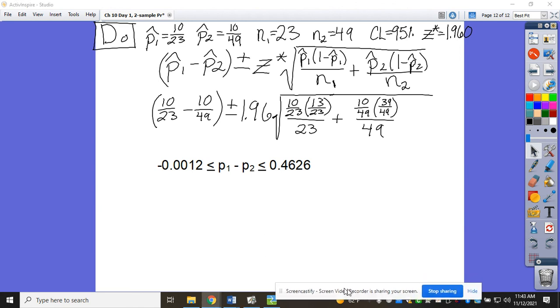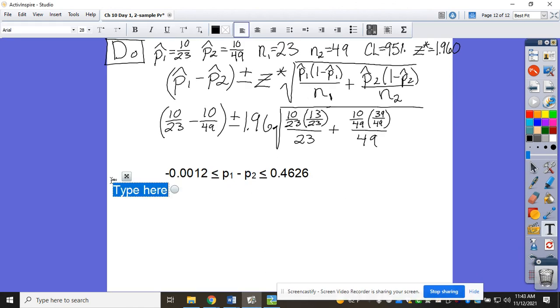All right, so let's go ahead and write our conclusion, and then I'll actually look at the dice. So what do I start with? We are 95% confident. That what?